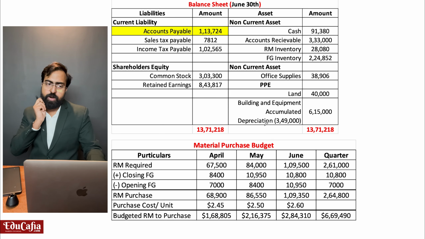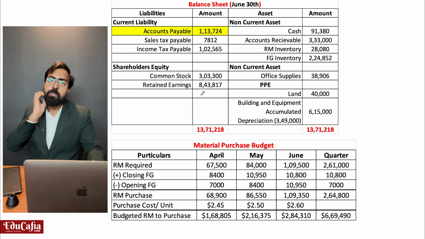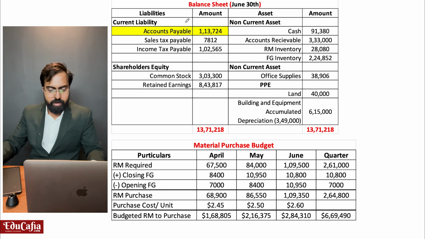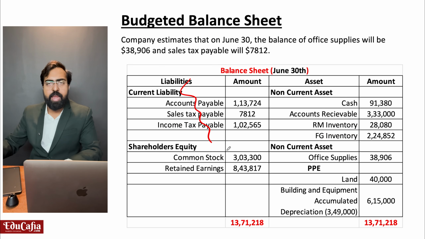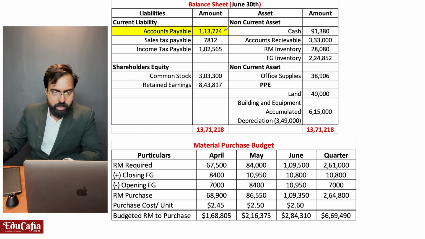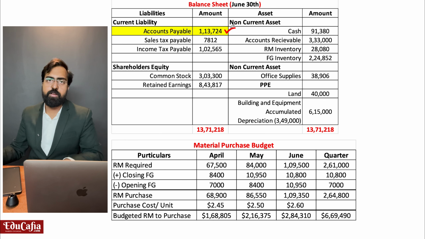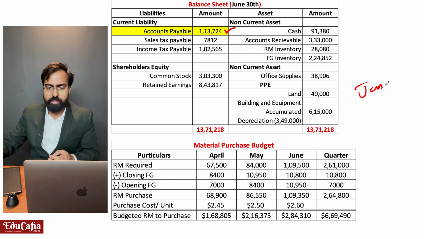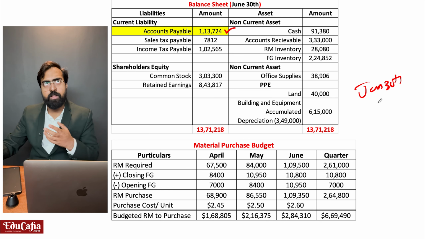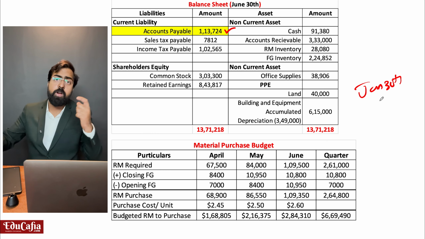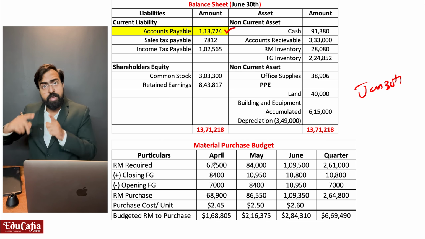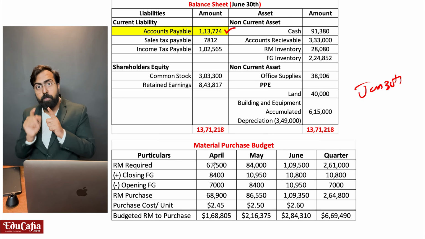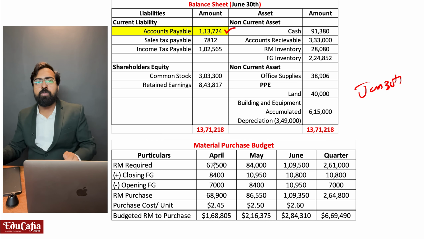Got it? So first, accounts payable. How did we get this amount? At the date of June 30, if anything is pending to pay because of purchases, that will come under accounts payable.